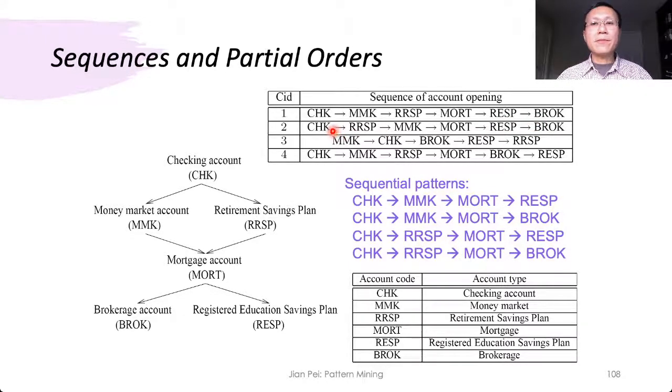And then we may find a pattern which is a partial order, so that this partial order summarizes many sequential patterns. For example, you can verify that these 4 sequential patterns in this database have support 2 each. However, these sequential patterns can be summarized using one partial order here, and the partial order also has support 2.